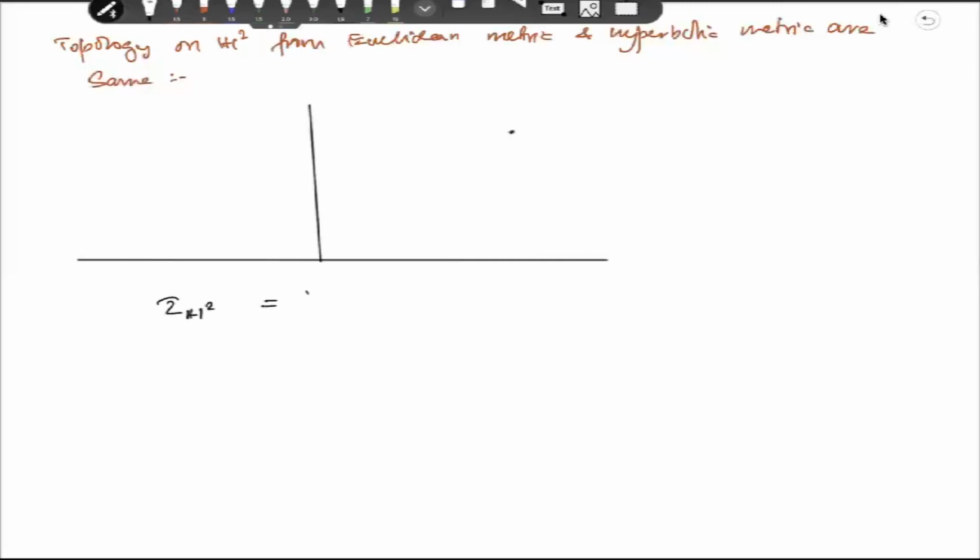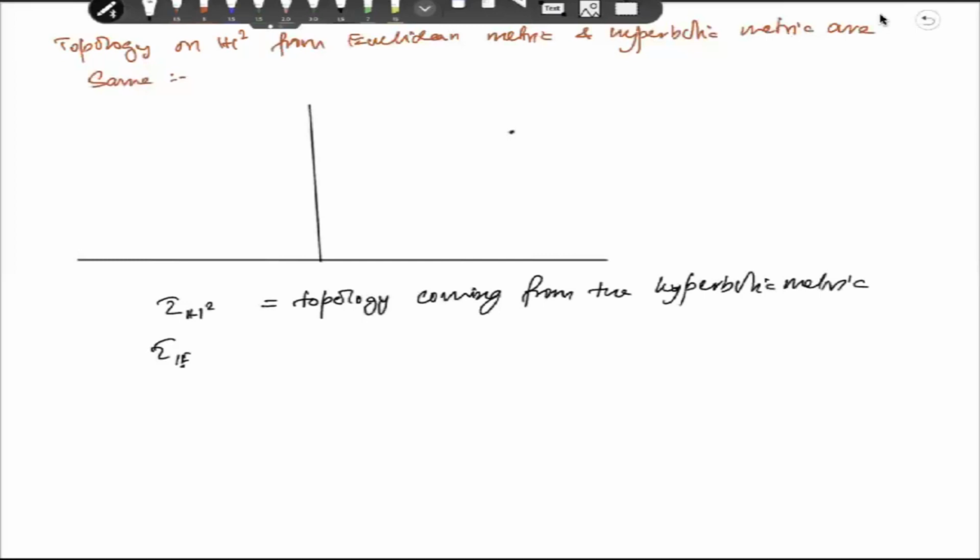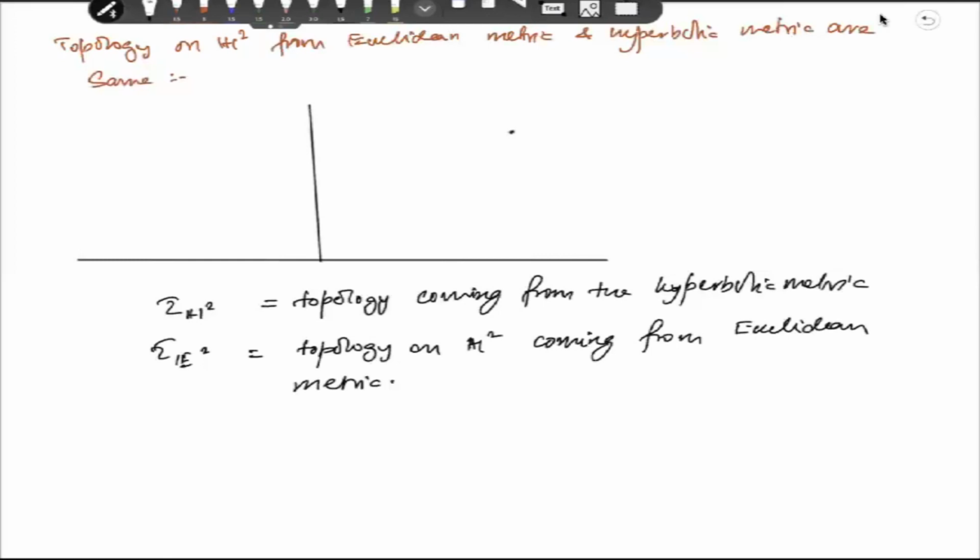Let us take tau H2 to be the topology coming from the hyperbolic metric, and tau E2 to be the topology on H2 coming from the Euclidean metric. So you want to prove that these two topologies are the same.